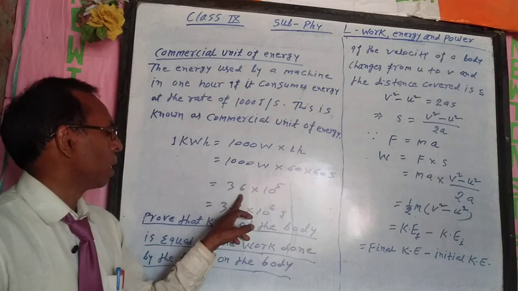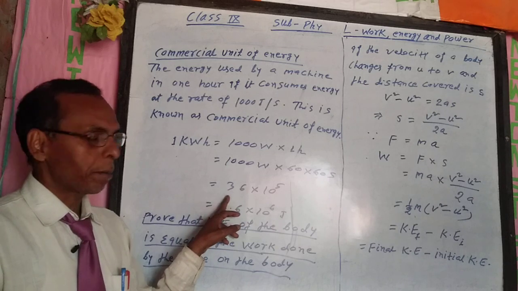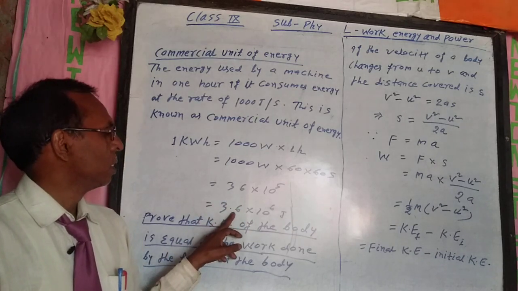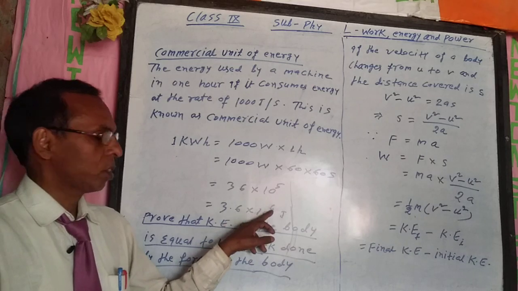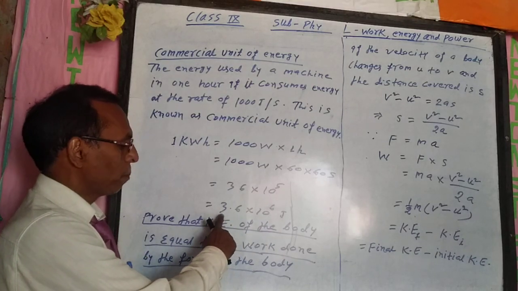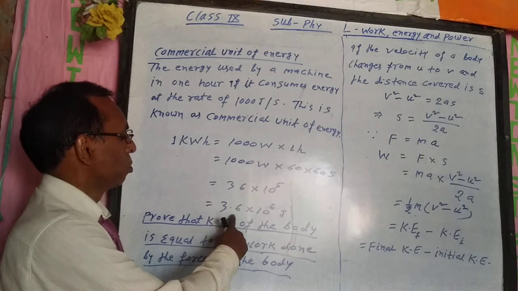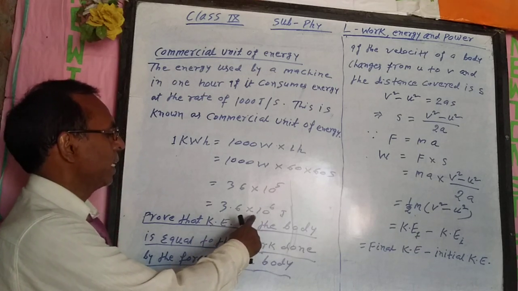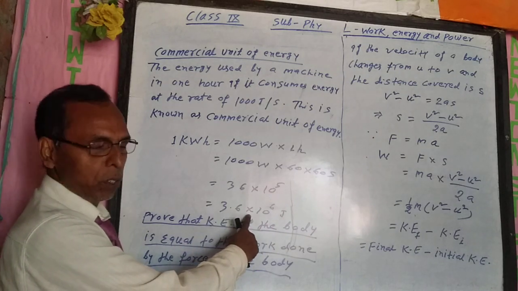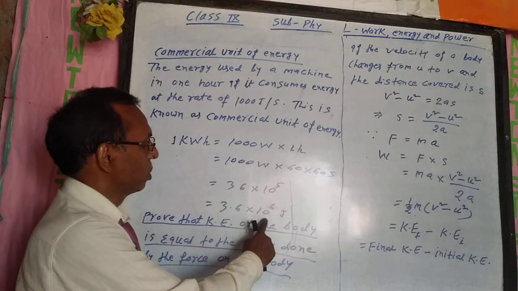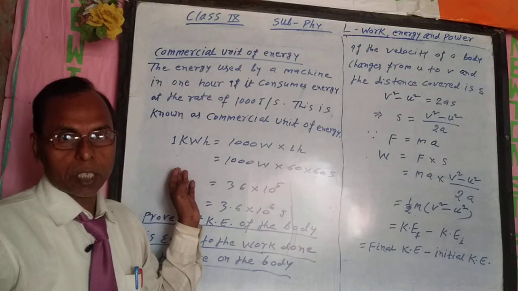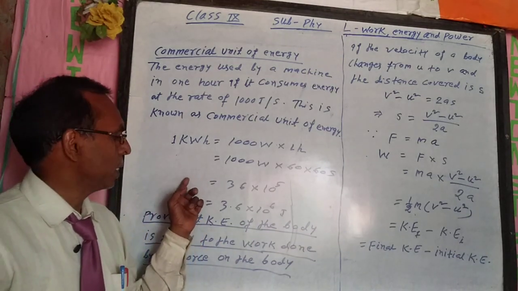When we put a decimal after the digit 3, it becomes 3.6 into 10 to the power 6 joule. This is known as the commercial unit of energy.